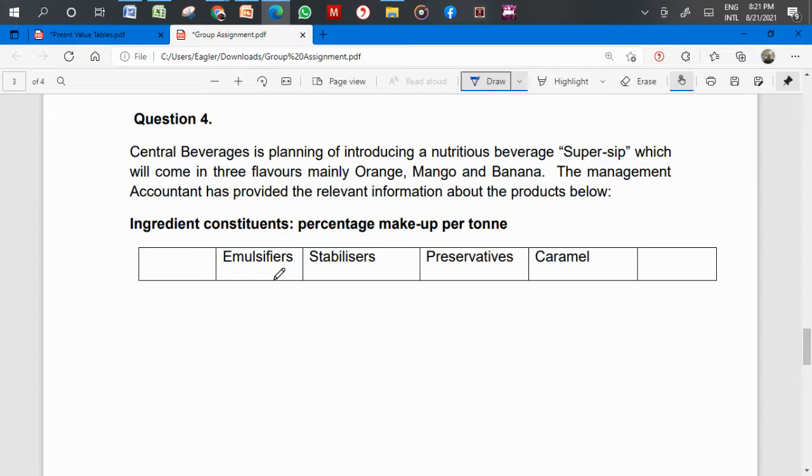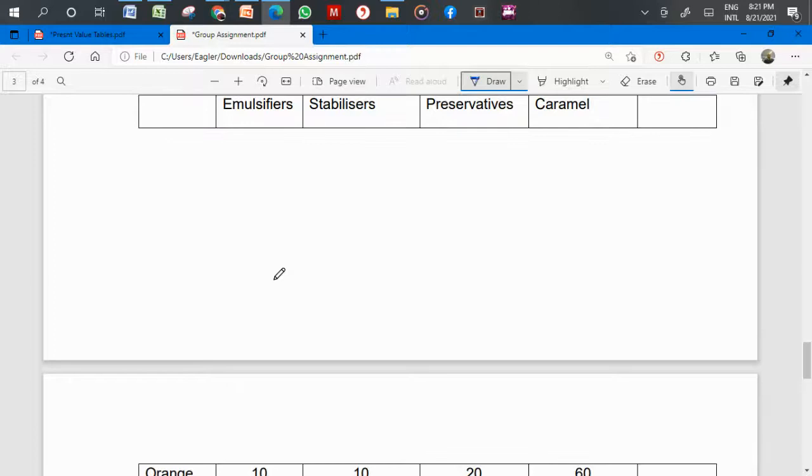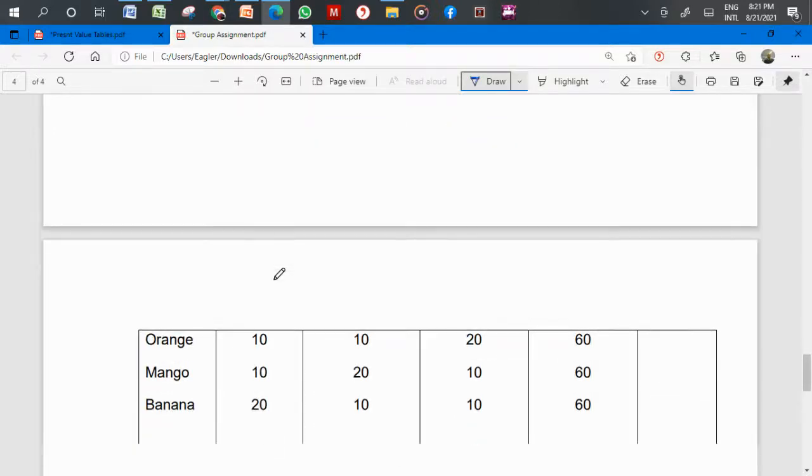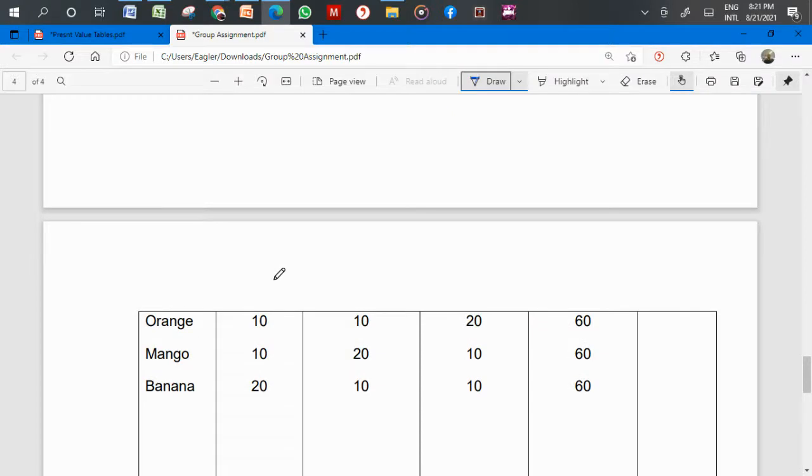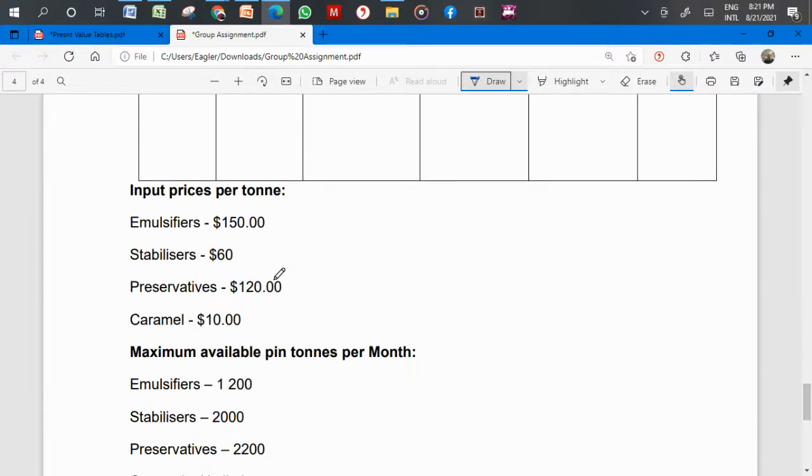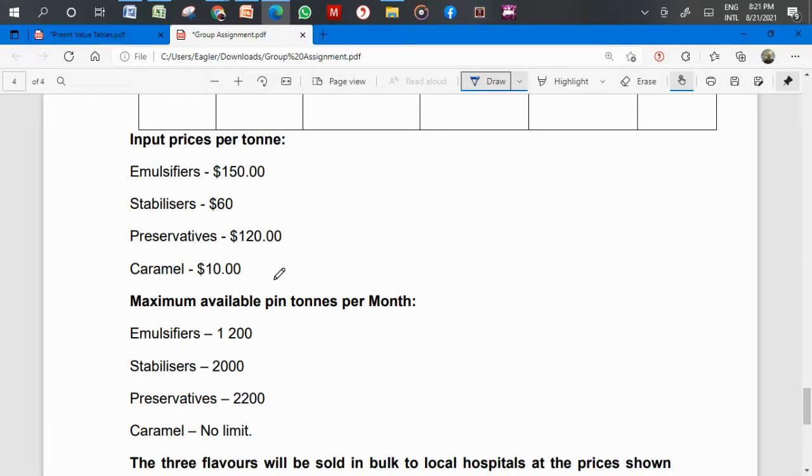So we have ingredients, constituents, percentage makeup per ton. So we have emulsifiers, stabilizers, preservatives, and caramel. For orange, you have 10%, 10%, 20, 60, and all that. And the input prices per ton: emulsifiers are 150, stabilizers 60, preservatives 120, and caramel $10. Then maximum available in tons per month.